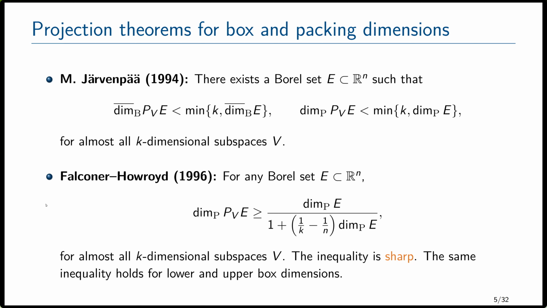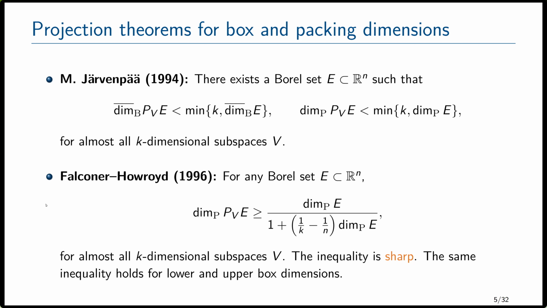So this gives an upper bound. And in 1996, Falconer and Howroyd gave a lower bound for almost every direction. Packing dimension has such a lower bound, and this inequality is sharp. But there is no equality. So we have an upper bound and a lower bound, and we don't know if they are the same value.